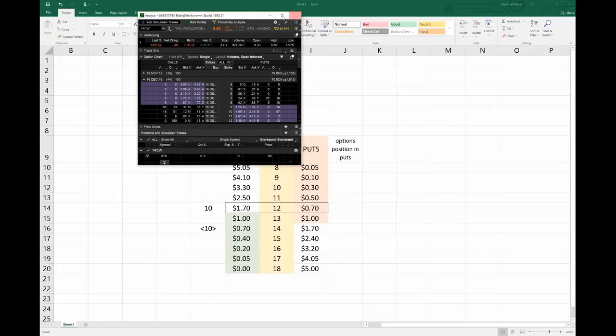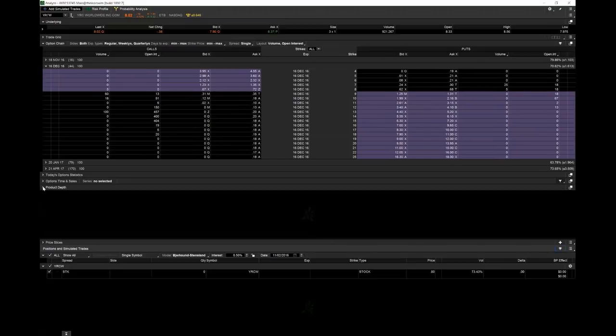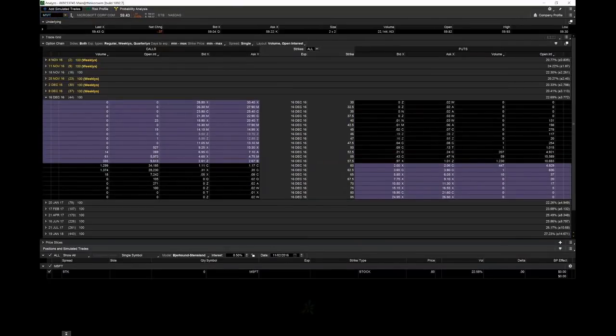Okay, if I pull up an options grid, and we look at, I don't know, let's look at Microsoft. Let's say stock's at 59.43 and we're long these 60s.